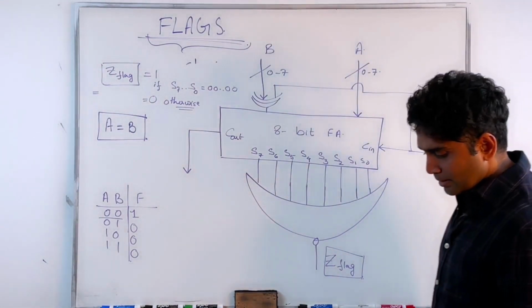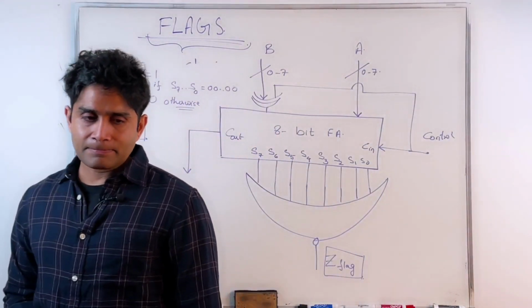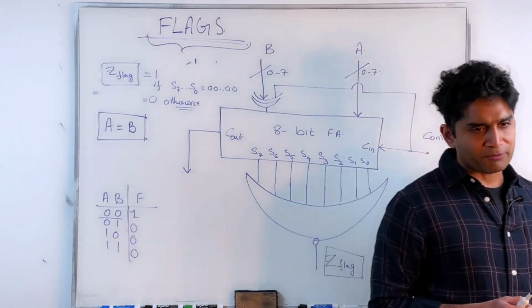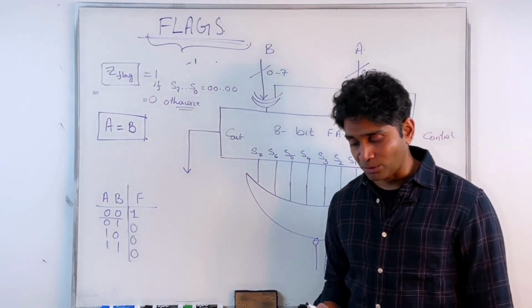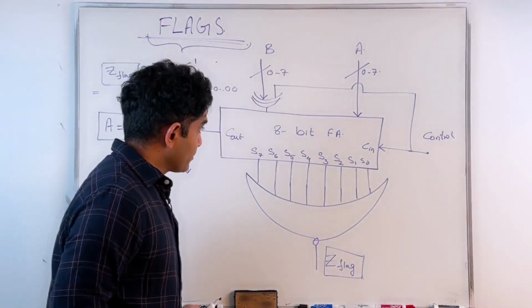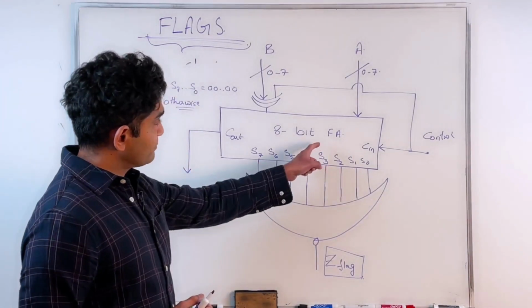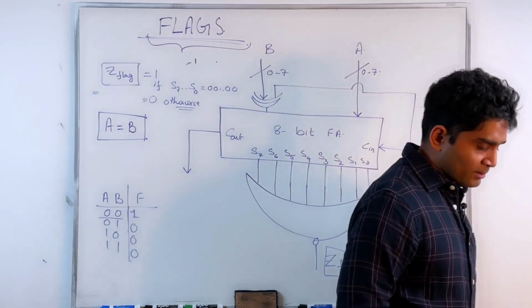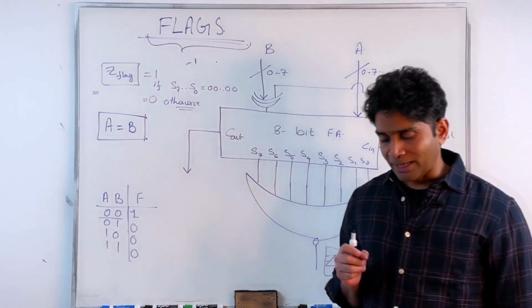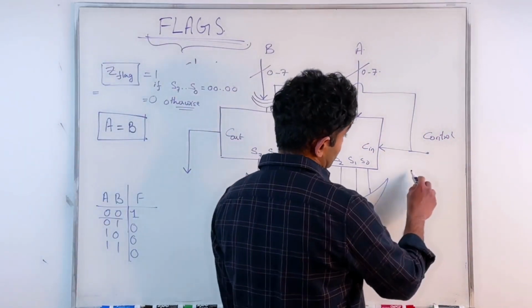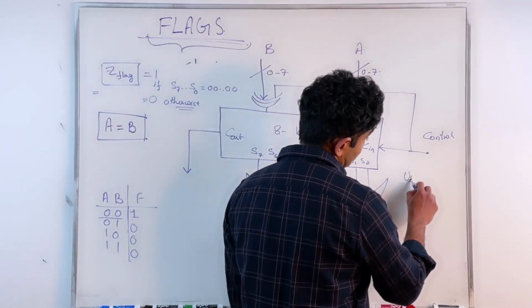All right. Now, before we move on to the other flags, I would like you to ponder a few things. These are some of the questions that you should have asked me. When we designed this full adder, this piece of hardware that can perform addition operations, the first question you need to ask me is, can it only do unsigned addition operations?